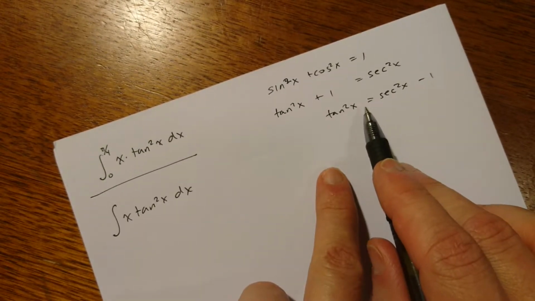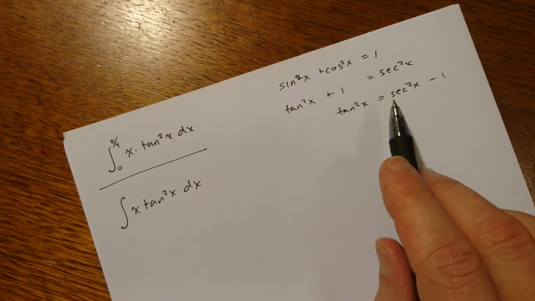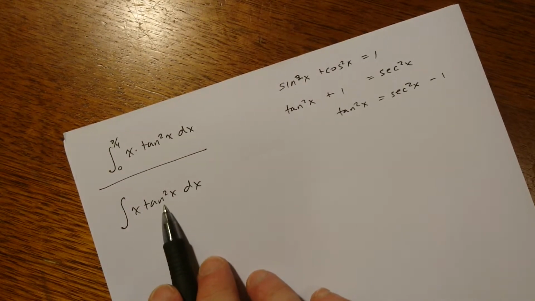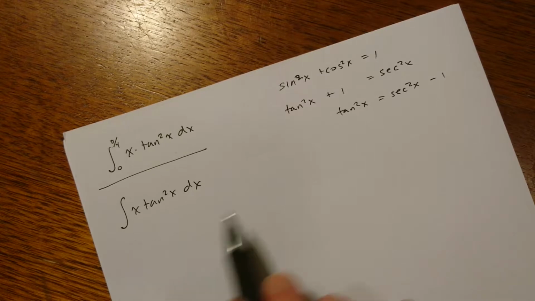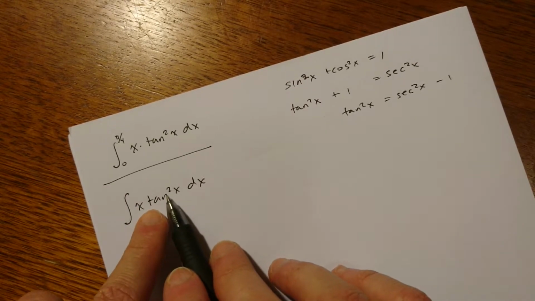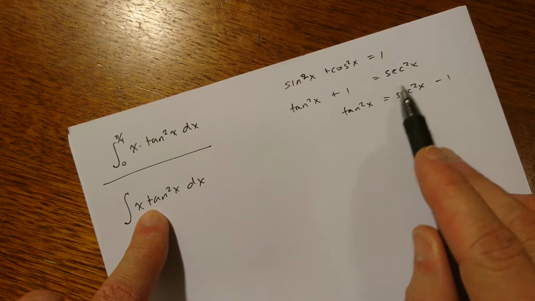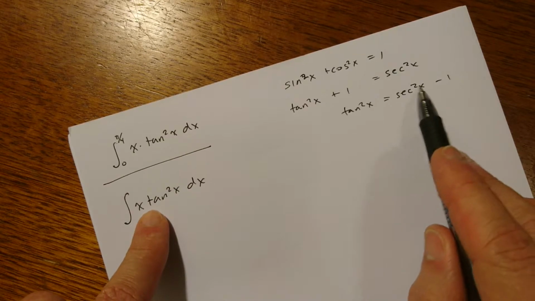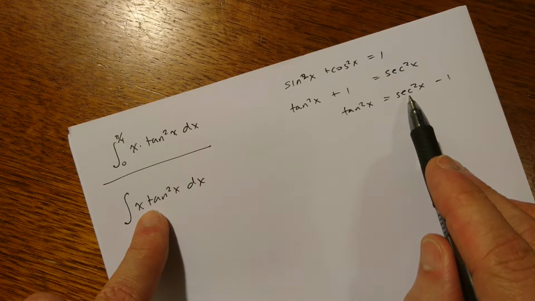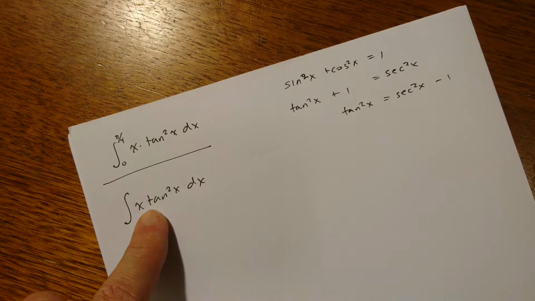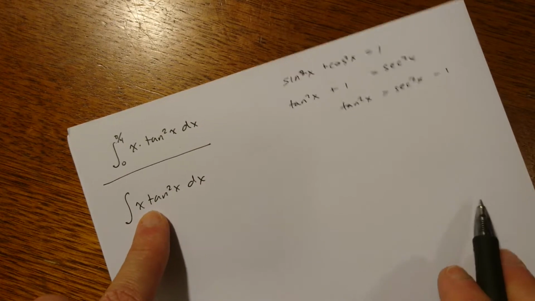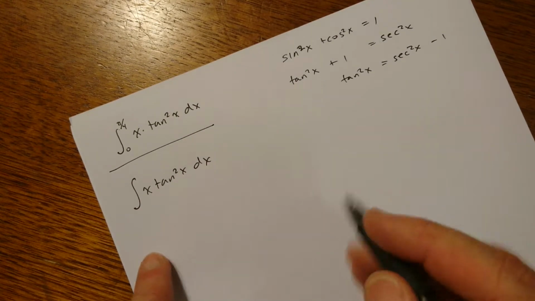The reason being, tangent squared is not an easy thing to deal with. I don't have an antiderivative for it. However, in this form, we might recall from Calc 1 that secant squared x is the derivative of tangent. So that's going to come into play in a second.